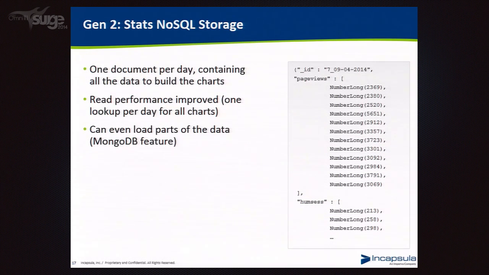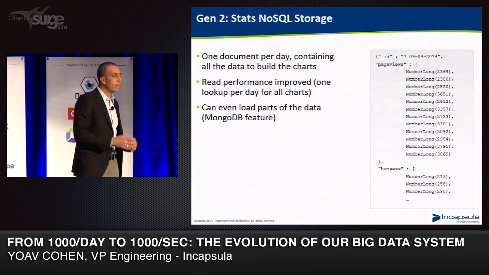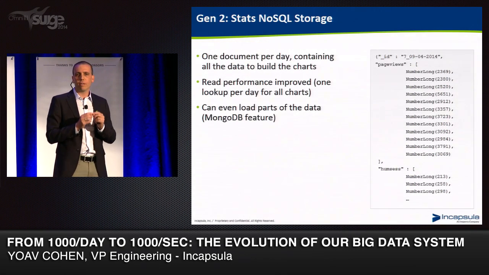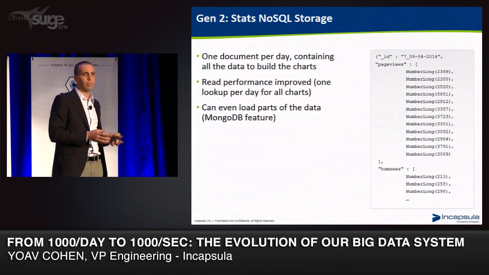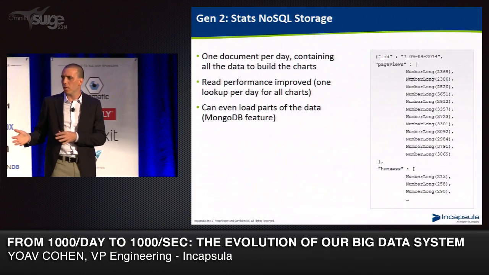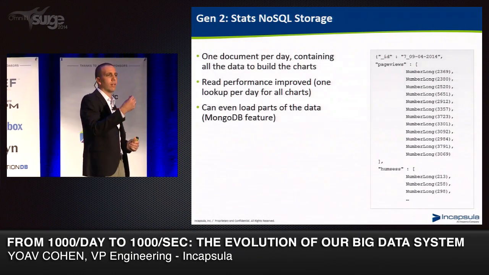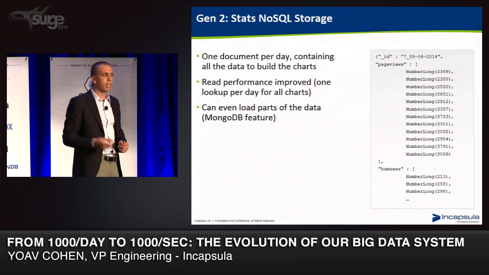So let's look at the schema that we had. I'm sorry, no schema. This is a schemaless database, but this is how the data looked. So we gave up on keeping very generic data structures of tuples of dimensions to metrics. We are now just keeping time series of data points.